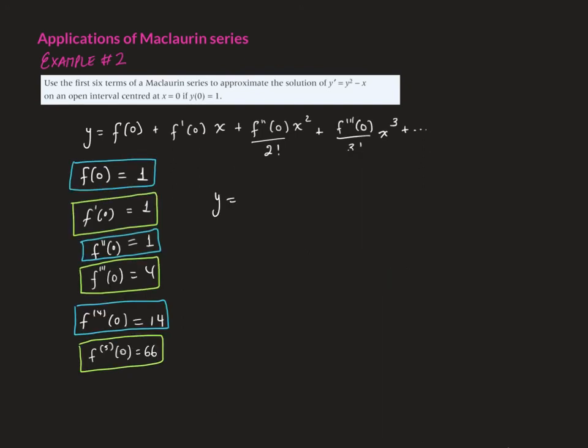The function y is going to be 1 plus 1x plus 1 over 2 factorial x squared plus 4 over 3 factorial x to the power 3 plus 14 over 4 factorial x to the power 4 plus 66 over 5 factorial x to the power 5 plus etc. So here we have the first 6 terms of the polynomial that is the solution of the differential equation that was given.